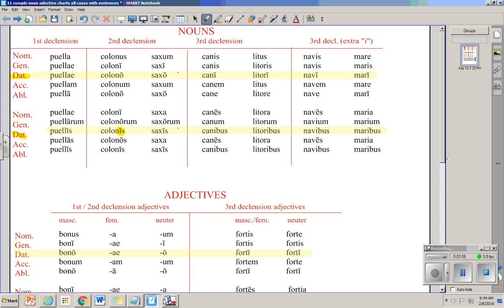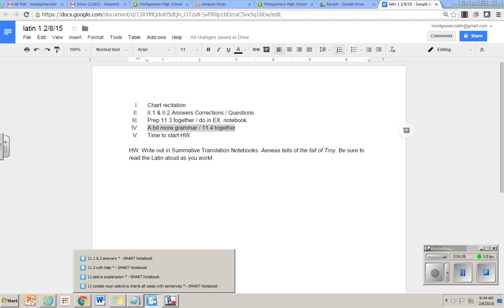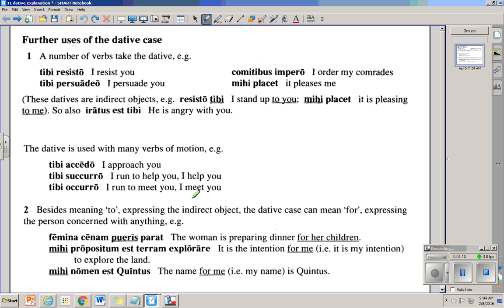Okay, and last but not least, there's a tiny bit more grammar to go over in chapter 11. I can do that now very quickly. The dative, as we've been discussing, is often translated as to, as in Quintus is giving flowers, puellis, to the girls. But there are some exceptions to this.